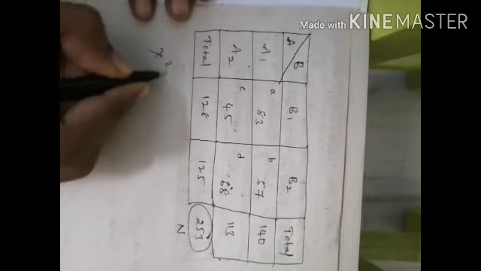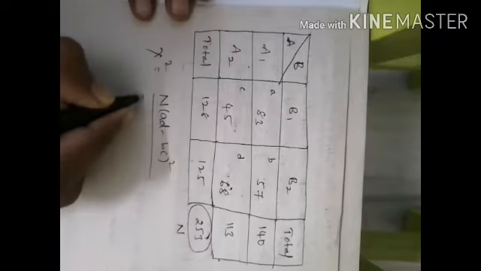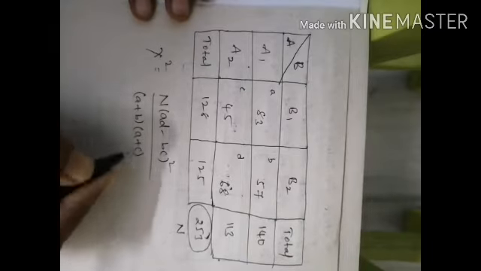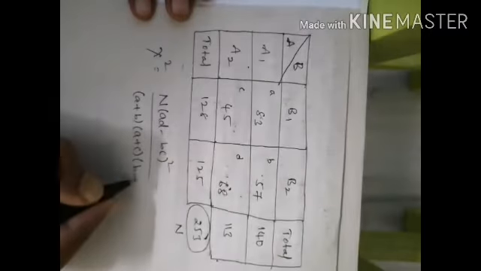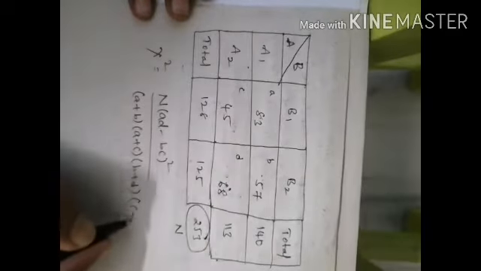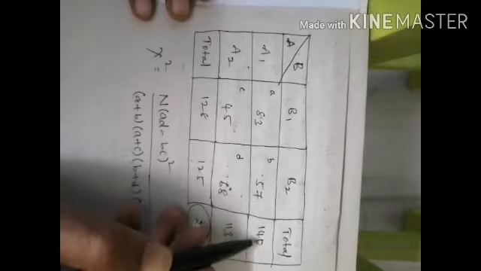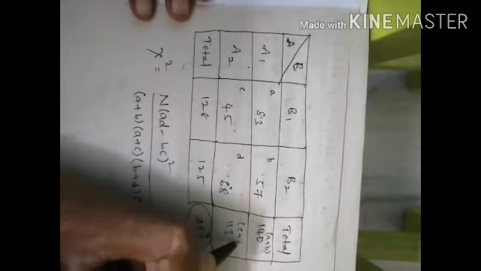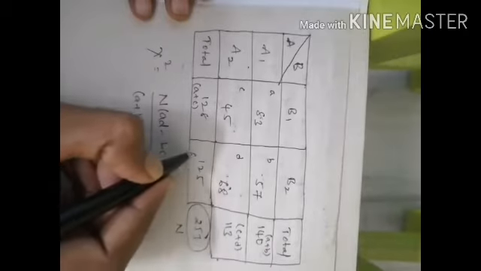So now our formula is chi-square is equal to capital N into (AD minus BC) whole square by (A plus B)(A plus C)(B plus D)(C plus D). So A plus B total is these two, here C plus D, here A plus C, here B plus D. So simply substitute in this formula.